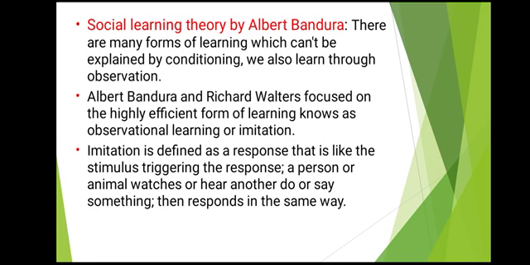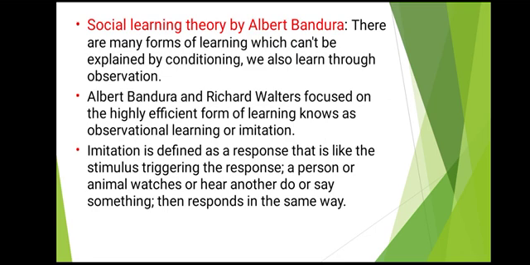So according to him, there are only three main processes to learn. First of all, we observe. After observation, we imitate, that means we copy that particular behavior. After imitating that behavior, we practice it. And as we have already discussed in the learning definition, learning comes when we practice for a certain period of time.